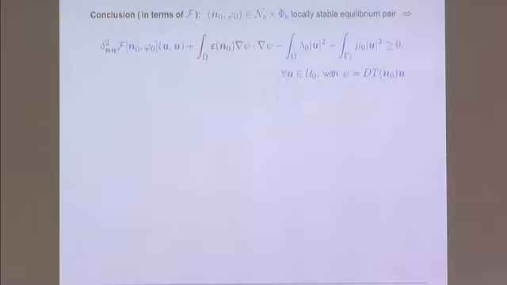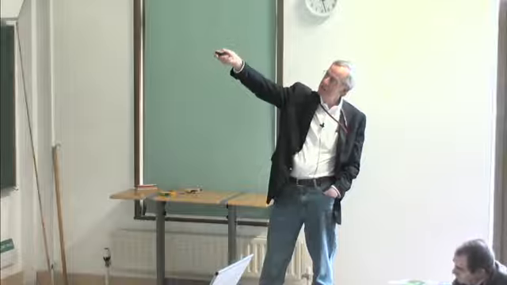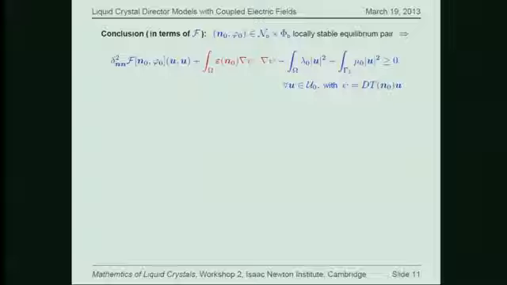And here the only funny business is that this should be a quadratic form in pairs, u variations of n naught and some variations of phi naught, but the variations of phi naught are in some sense slaved to the variations of u naught through the derivative map.